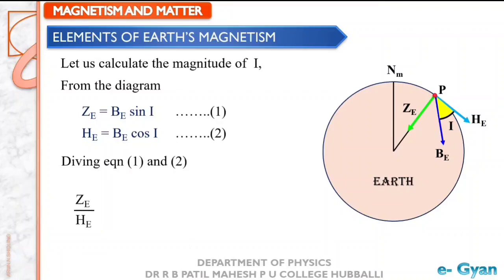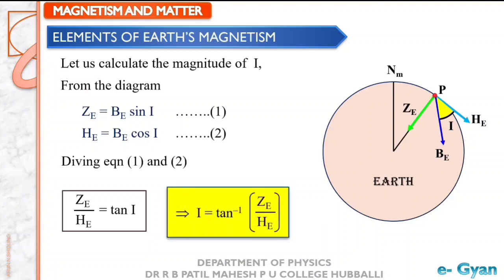Then we get ZE divided by HE equals tan I. To find the magnitude of I, we write I equals tan inverse of ZE divided by HE. This gives us the value of inclination at a place.